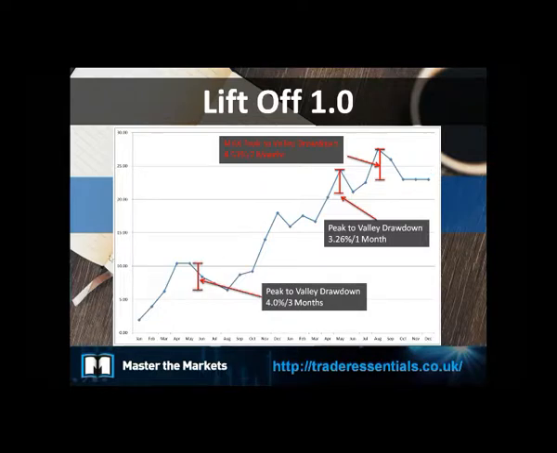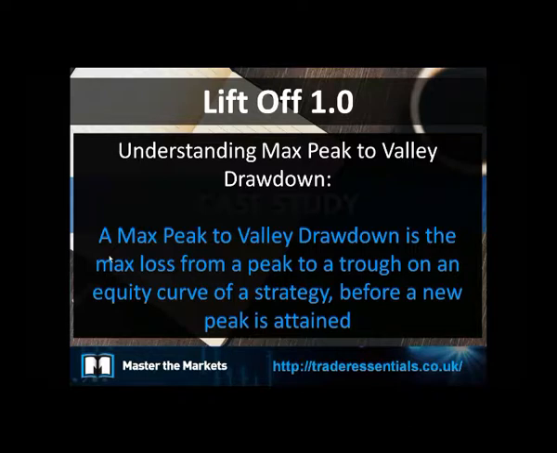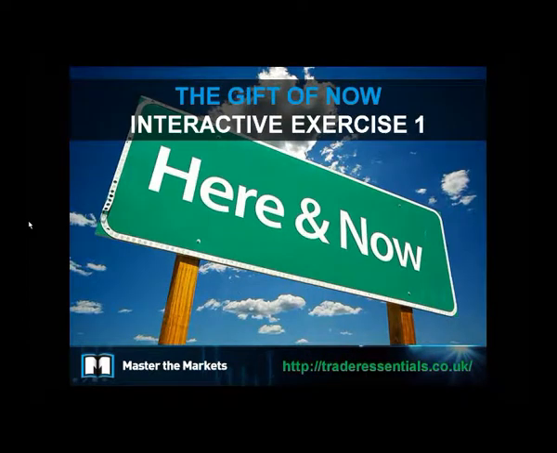This is actually what it really achieved. And if you have your equity curve, then you can understand what your max peak to valley drawdown is, which is the maximum loss from a peak to a trough on an equity curve before a new peak is attained. So it's a very important definition to understand, of what we mean by peak to valley drawdown.